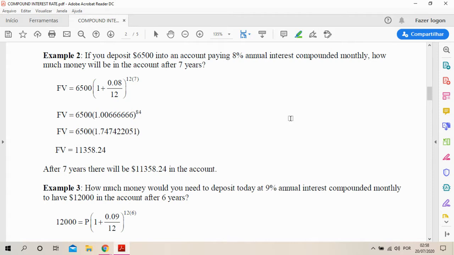We are going to use 0.08. As the interest is compounded monthly and there are 12 months in a year, then we are going to use 12 here. All right? And because it is 7 years, we are going to use 7 here.